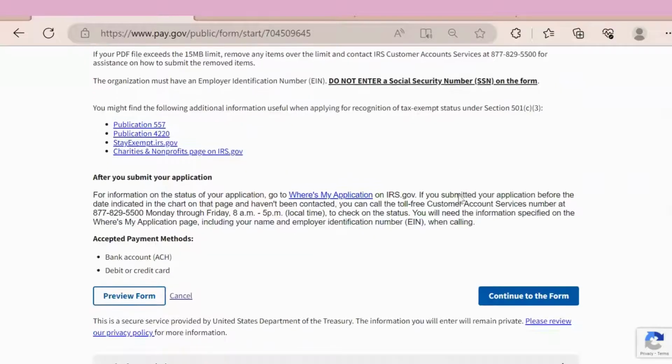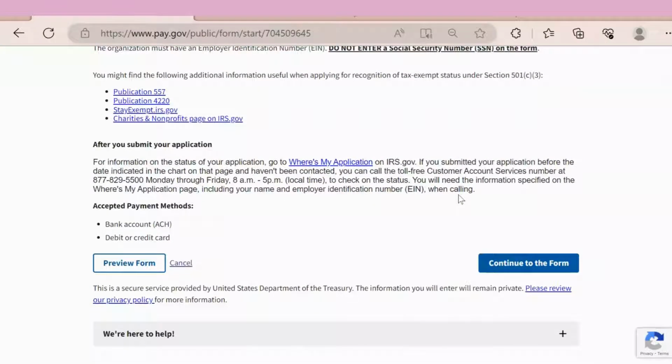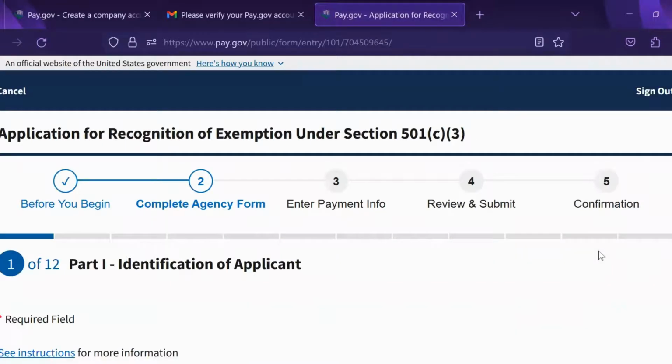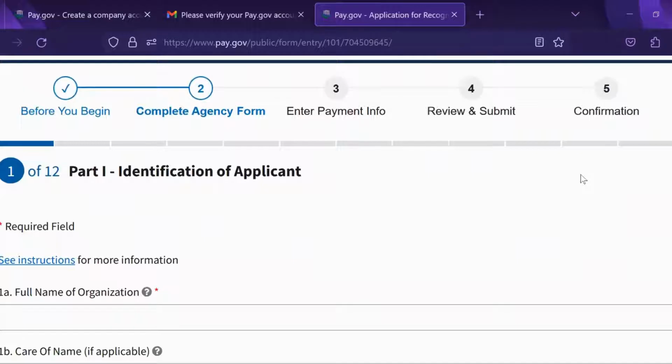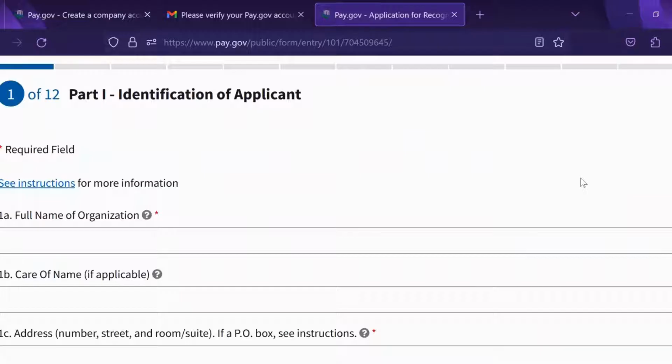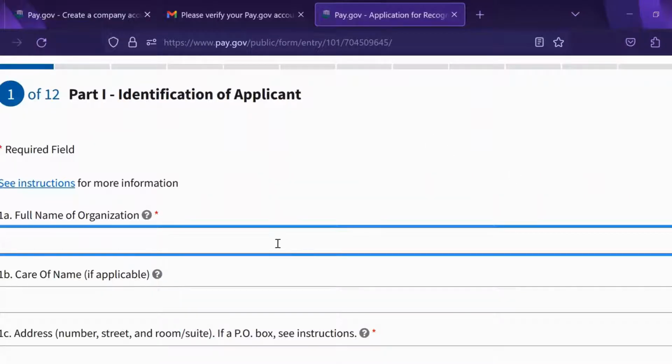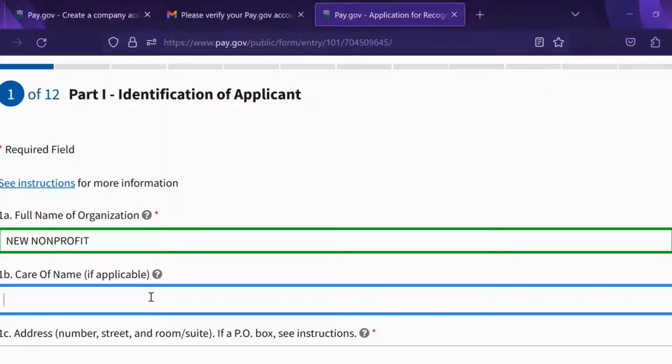So let's move forward and start the application. We're going to click continue to the form. Okay. Part 1, identification of applicant. So our sample nonprofit organization is New Nonprofit. So we're going to enter that information here. And Jane Doe is the incorporator.